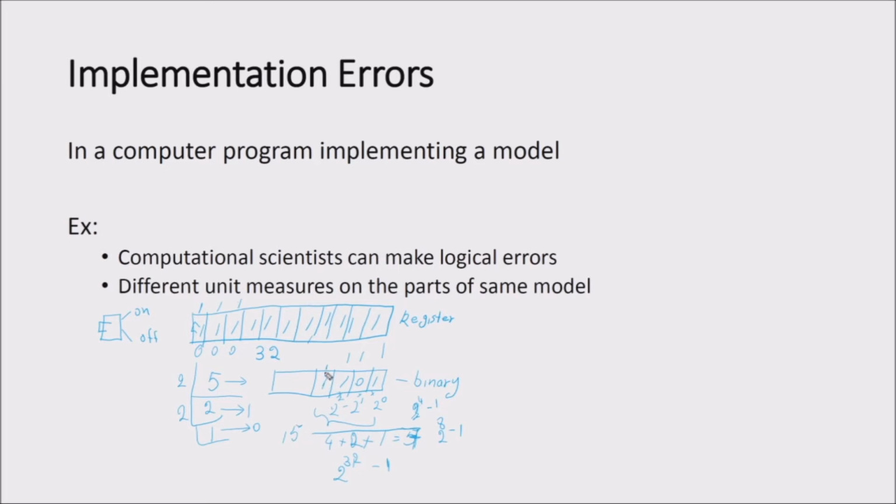So if it is 15, how can I store 20? Well, that is a problem. This is the limitation the computer has. There are some software solutions. Of course, you can use 2 registers instead of 1 and handle things separately.